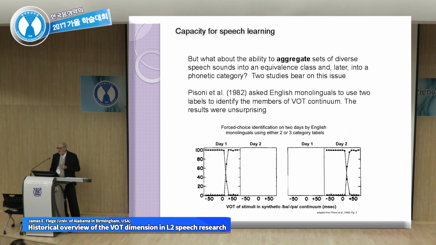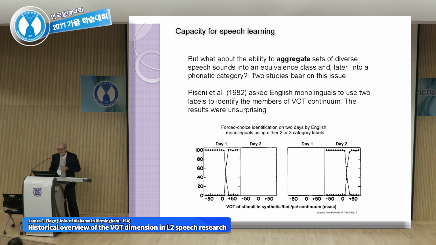But what about the ability to aggregate sets of diverse speech sounds into equivalence classes and later into phonetic categories? Two studies bear on this issue. Pisoni, in an '82 study, asked English monolinguals to use two labels to identify the members of a VOT continuum.